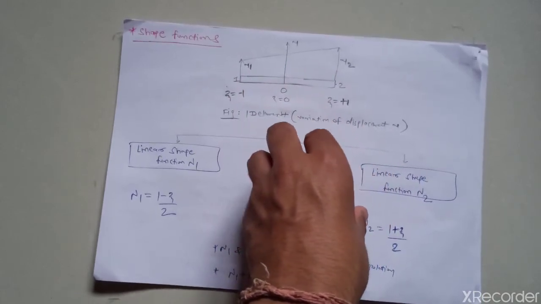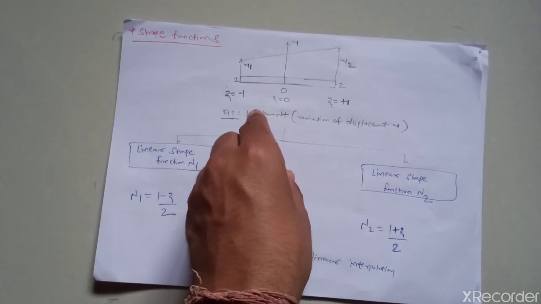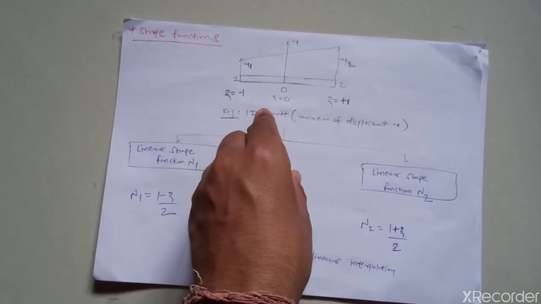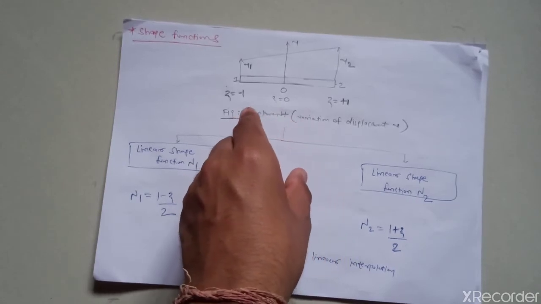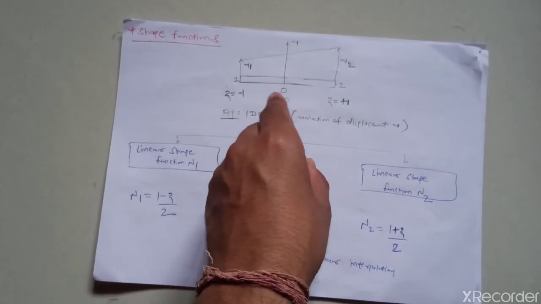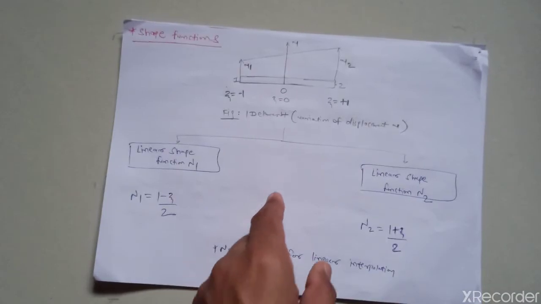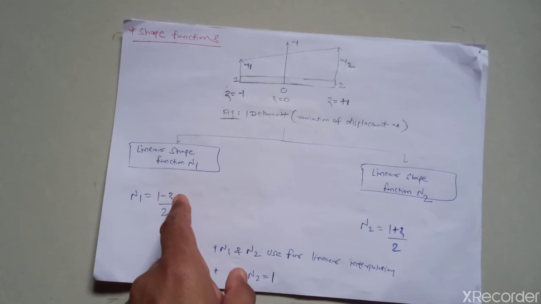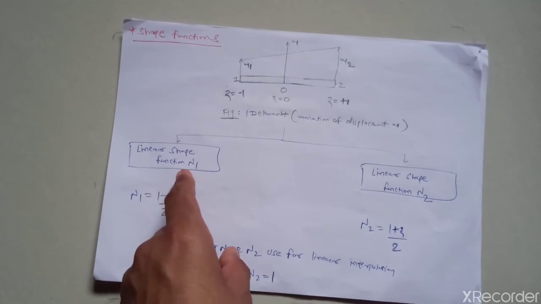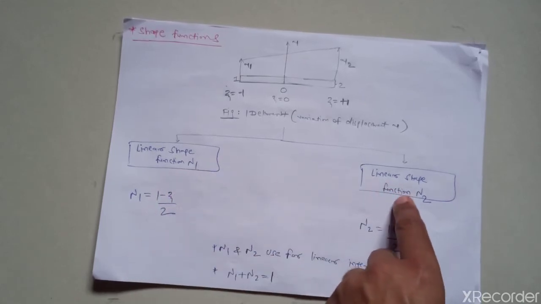So it is necessary to interpolate these two displacements. These interpolations are given by considering two linear shape functions N1 and N2.